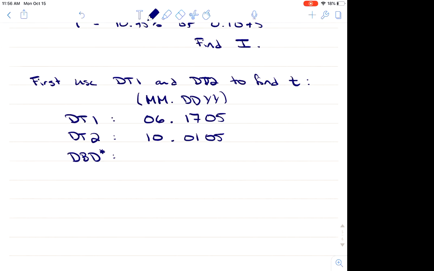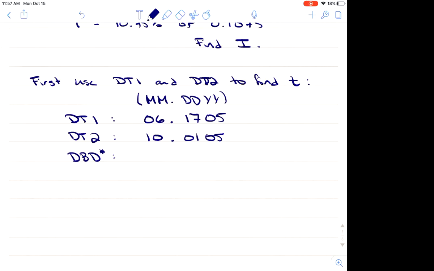And you should see 10/01/2005. So now if you scroll down one more, you have the days between dates, DBD. If you have to compute this, even though it says probably 202 from before, we can just hit compute and it'll recompute the days between dates with the new date 1 and new date 2.